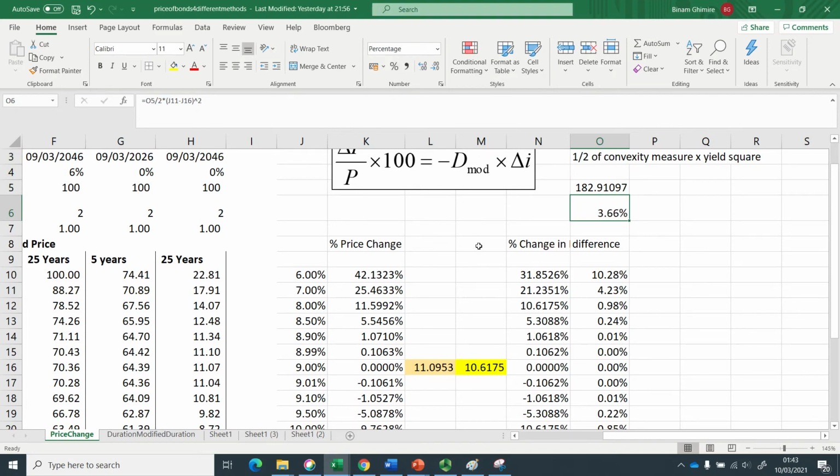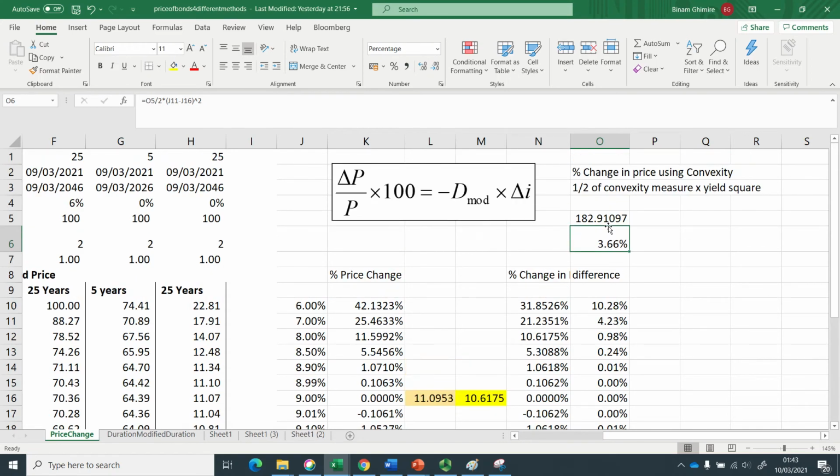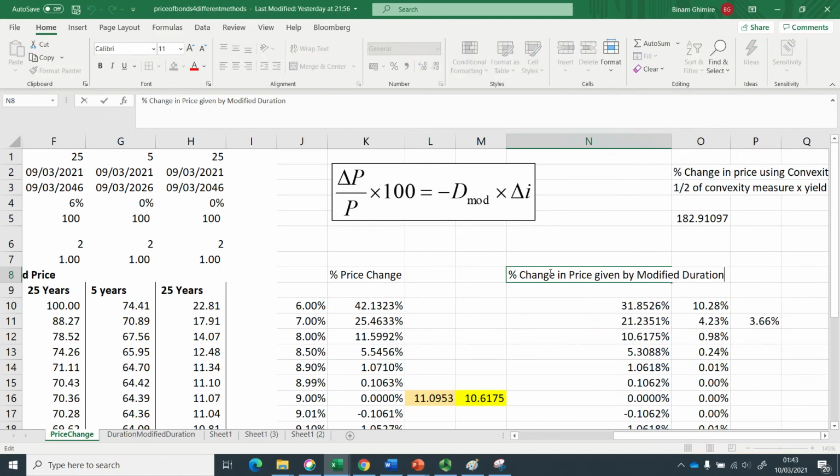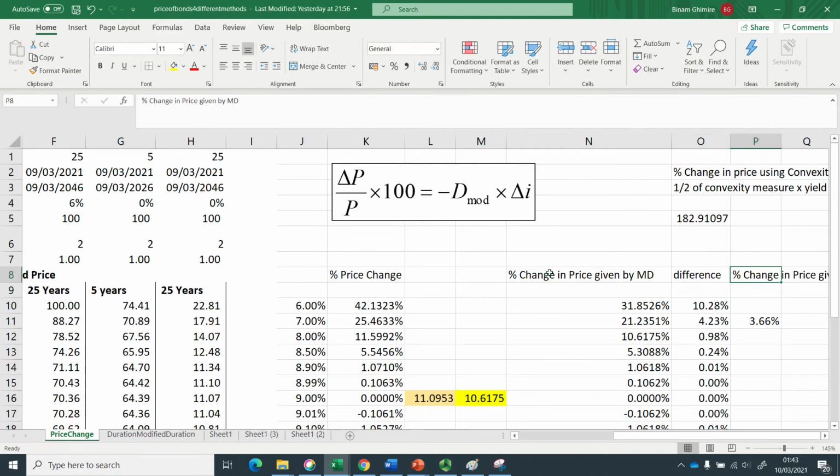So what you found is 3.66%. I'm going to keep this 3.66 aspect exactly here, because this is related to this 7%. And here is the percentage change in price given by modified duration, I'll just type in MD, and here is the percentage change in price given by convexity.